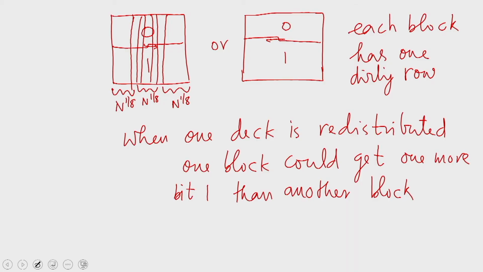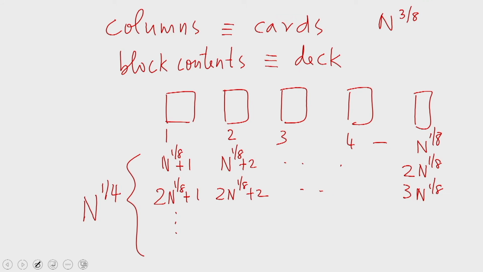And then we are doing this for every single block of the horizontal slice. That is, we separate the contents from the blocks. We take the contents of the first block, redistribute it over the blocks. Then we take the contents of the second block, again redistribute it over the blocks, and so on. So when we do this, we can introduce a total difference of n power 1 by 8 between the recipient blocks.